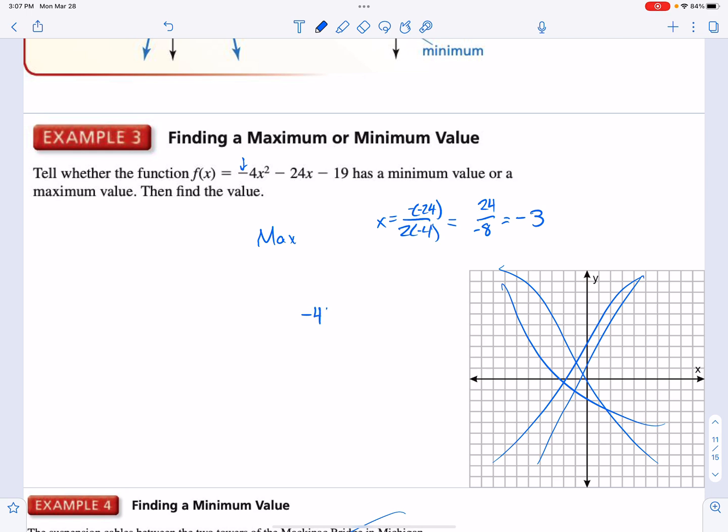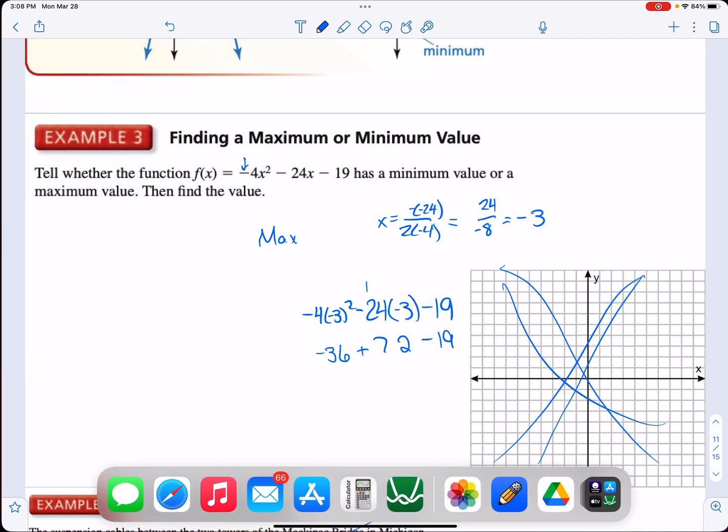So negative 4 times negative 3 squared minus 24 times negative 3 minus 19. Okay, so negative 3 squared is 9 times negative 4 is negative 36. Negative 24 times negative 3 is positive 72, minus 19.